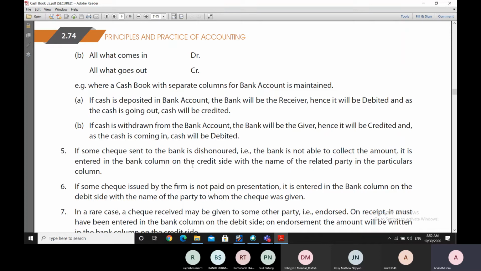So whenever we receive a check, we write it in the bank column on the receipt side. But supposing the check which was sent to the bank has been dishonored, in that case we'll enter that check in the bank column on the credit side instead of the debit side, to cancel the original debit side entry which was made earlier, and along with that, we'll write the name of the related party in the particulars column.